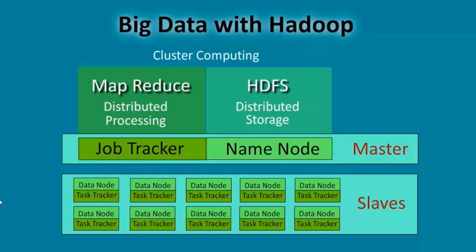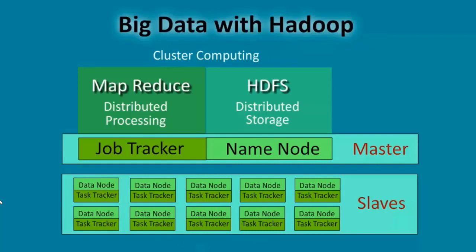So you could have 60 or 70 slave computers or more. You could have 100 slave computers and then the master computers managing it all. In this situation, we just have 10 slaves and one master. So this would be a very small Hadoop multi-node cluster, maybe just for testing purposes or something like that.